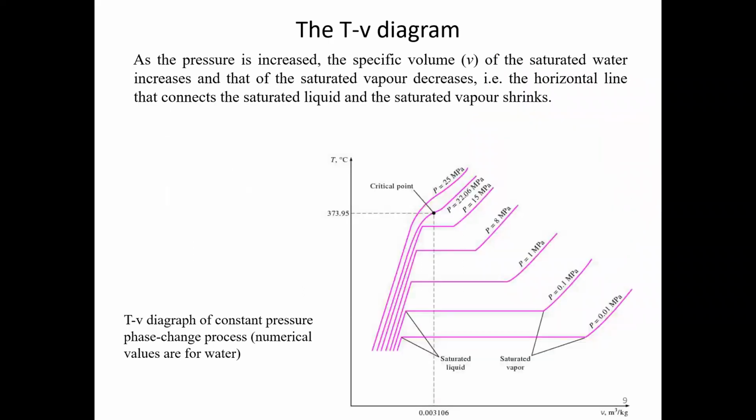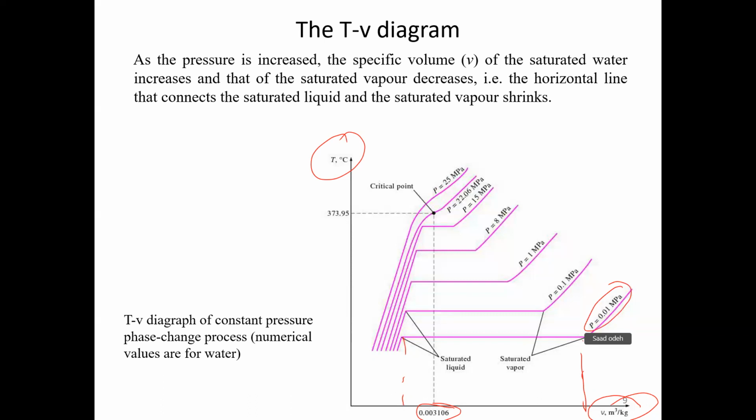So now, as we mentioned before, we can plot the phase change process on either constant pressure lines or constant temperature lines. So if I go again to this graph, the T-v diagram, I start to plot the change of, for example, specific volume with the temperature at each constant pressure.